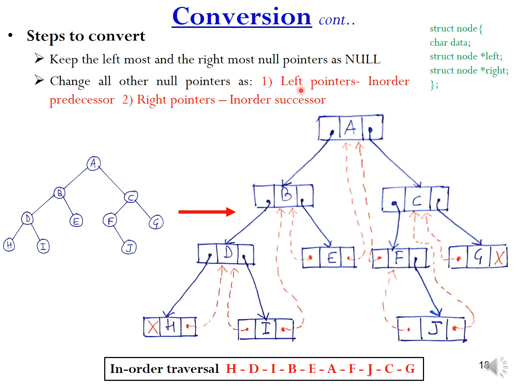The second step: change all other null pointers, so that all the left null pointers point to the in-order predecessor, and all the right null pointers point to the in-order successor.